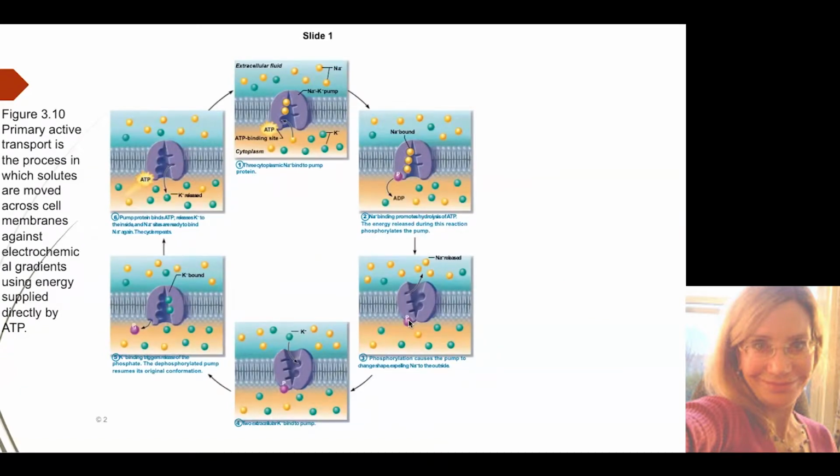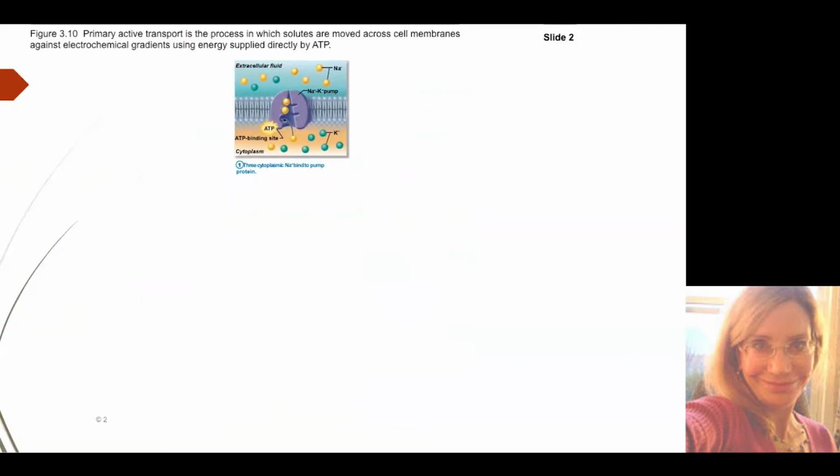This figure actually has step art, so I'm going to go through this. It starts out when 3 cytoplasmic sodium ions, and this should be a plus right here, it's too tiny to change it. 3 sodium ions, intracellular sodium ions it is, are going to bind to this pump.